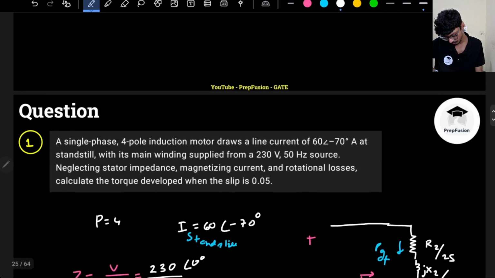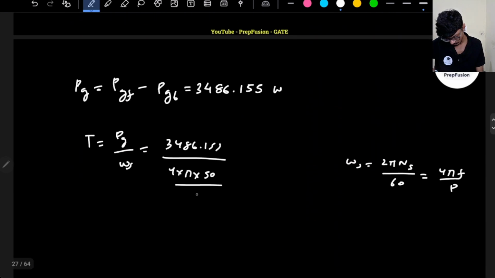P is number of poles, which is 4. So 4 anyways will get cancelled. So divide by pi into 50, 22.193 Newton meter will be the answer for this question.